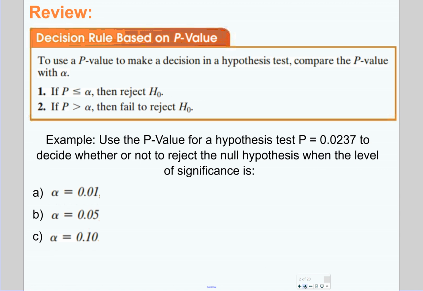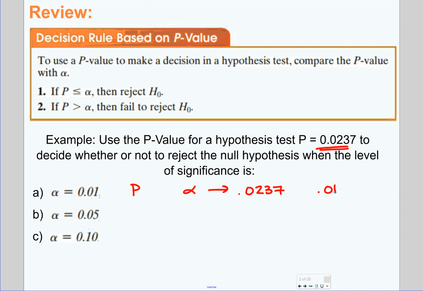So in this problem at the bottom, they're telling us what the p-value is. So the area under the curve is 0.0237, a value that you could find on your Z chart if you have a Z-score. We're going to use that to determine whether or not you would reject the null hypothesis at a given level of significance. So for part A, my level of significance is 0.01. So we want to compare P to alpha. In this problem, P is 0.0237 and alpha is 0.01.